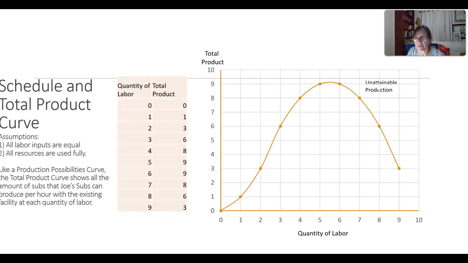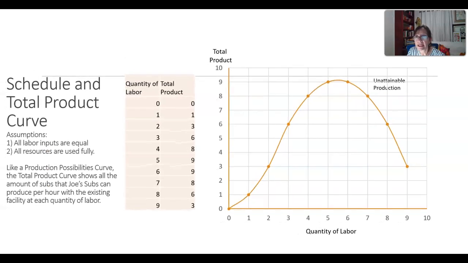Here we have what we call a total product schedule and a total product curve. Two assumptions: one, all labor inputs are equal, and two, all resources are being used fully. It's kind of like a production possibilities curve, and what we're trying to see is how many sandwiches we can produce given labor and holding everything else constant.